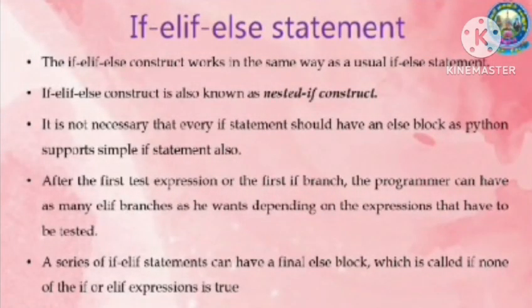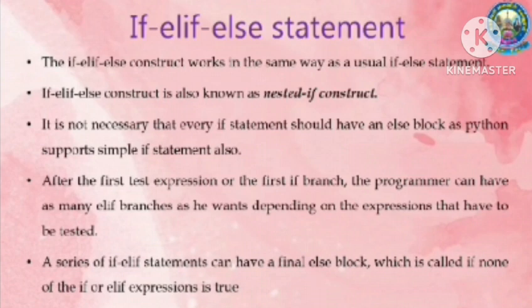The if-elif else statement. The if-elif else construct works in the same way as usual if-else statement. The if-elif else construct is also known as nested if construct. It is not necessary that every if statement should have an else block, as Python supports simple if statement also.